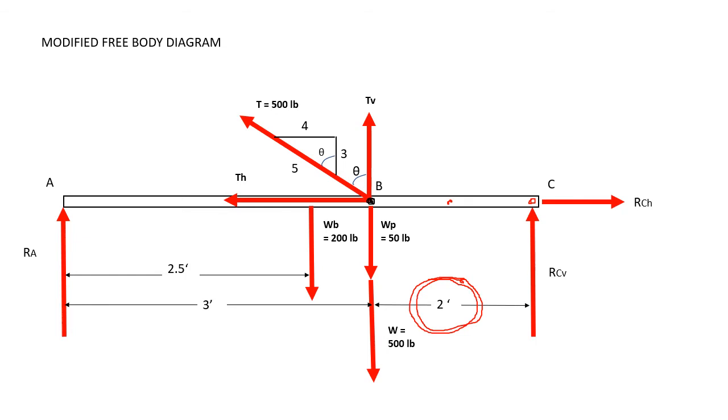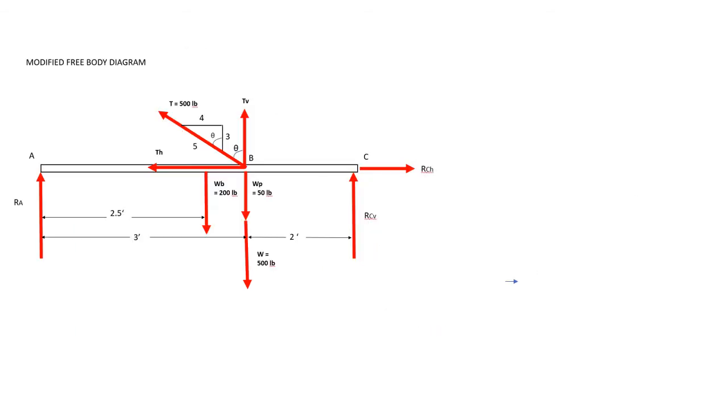Therefore, we will have a simpler equation or simpler solution. So the next step is resolving the components of the tension force. We have here the tension horizontal, TH. Its relation to the trigonometric identity is opposite over hypotenuse, which is the sine theta.